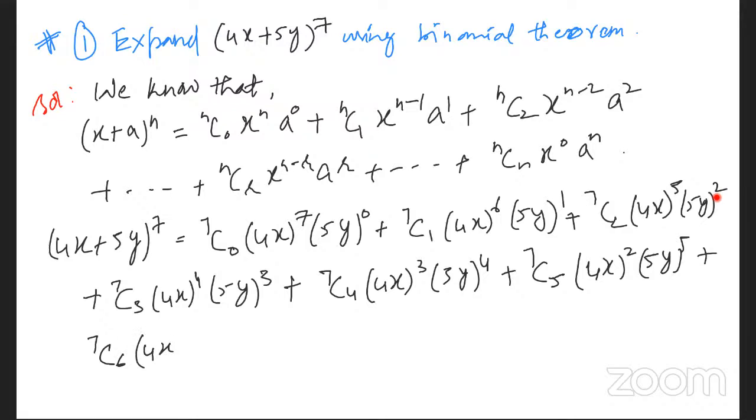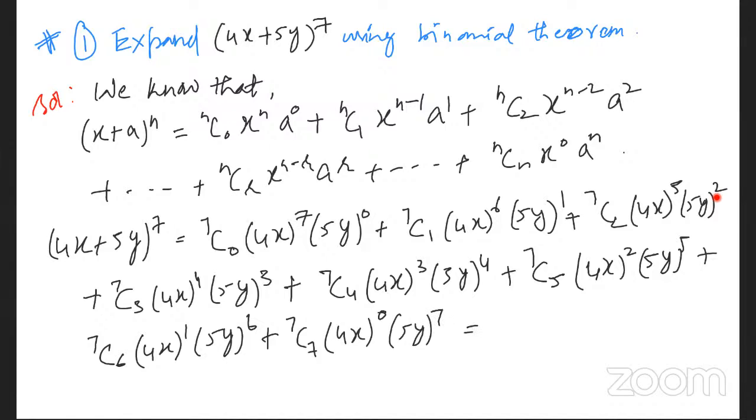What is that? (4x)^1 (5y)^6, plus 7C7 (4x)^0 (5y)^7.